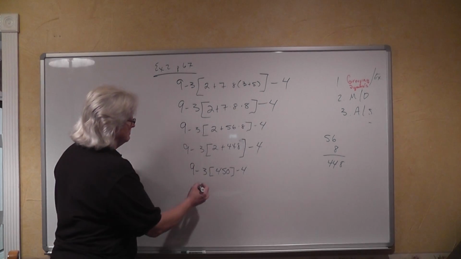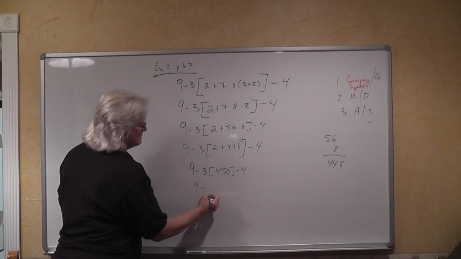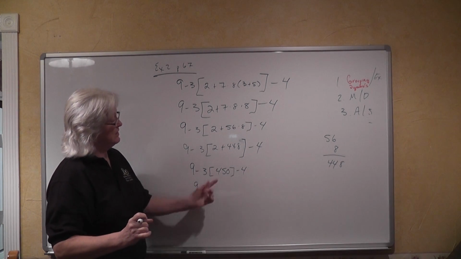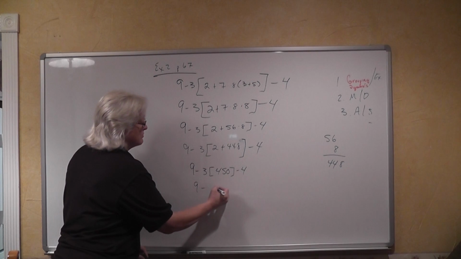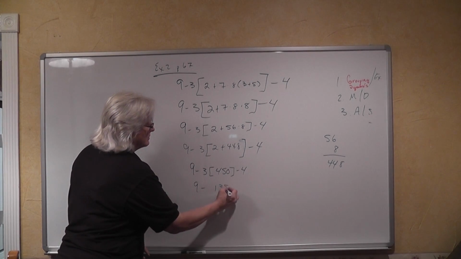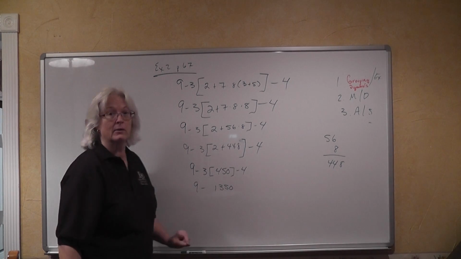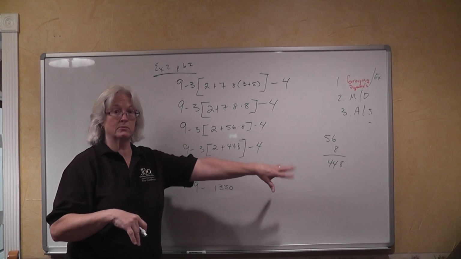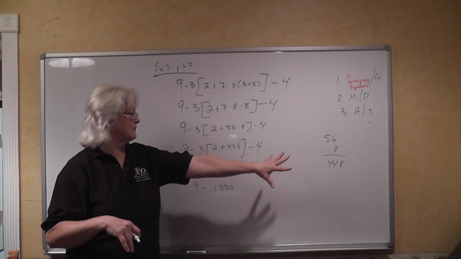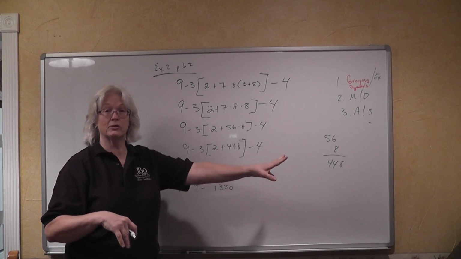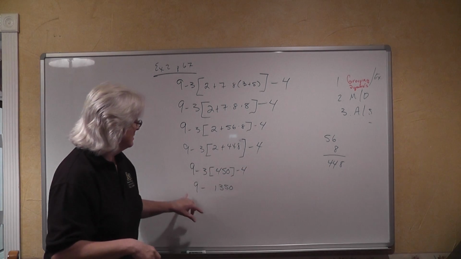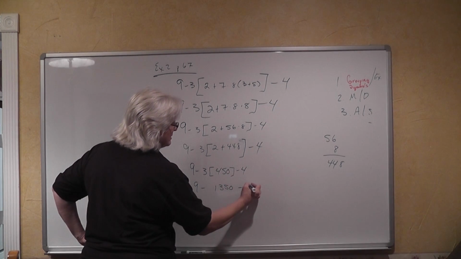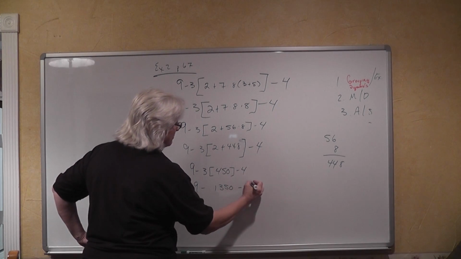Multiplication again. 9 minus 3 times 500 is 1500 minus 150 is 1350, is how my mental math goes, but you can just do 450 times 3 over to your right, and that's just fine. 9 minus 1350 minus 4.